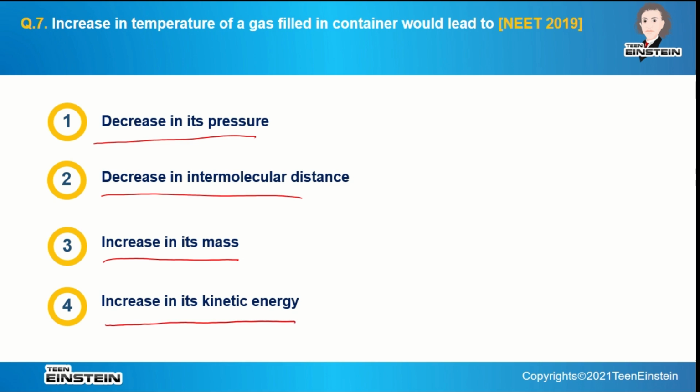On heating a material or a gas container, its kinetic energy starts increasing. So the correct option is option 4, increase in its kinetic energy. These are all small questions. Just as you read the question itself, you will understand. Within some 5 to 10 seconds you can easily solve it and move on with the next question.